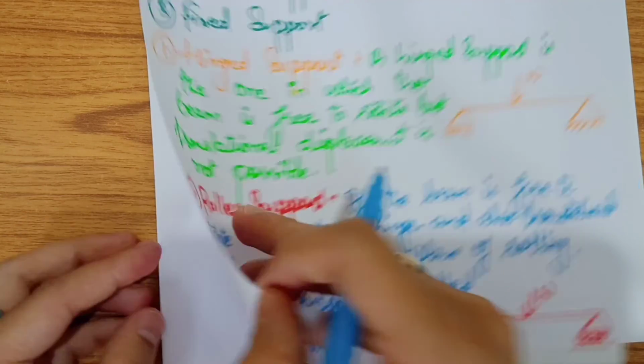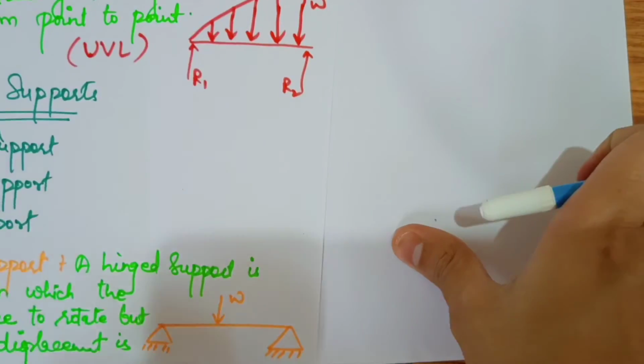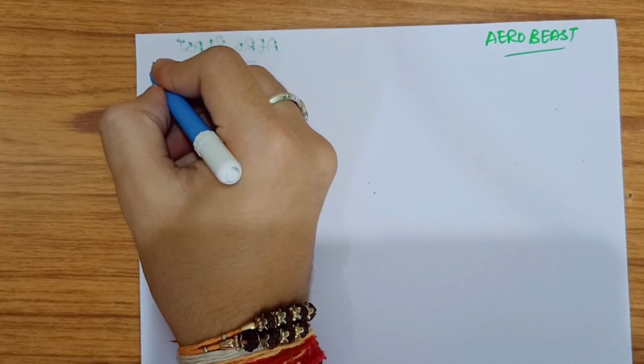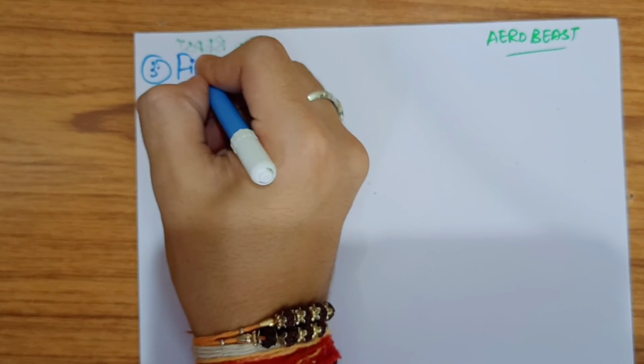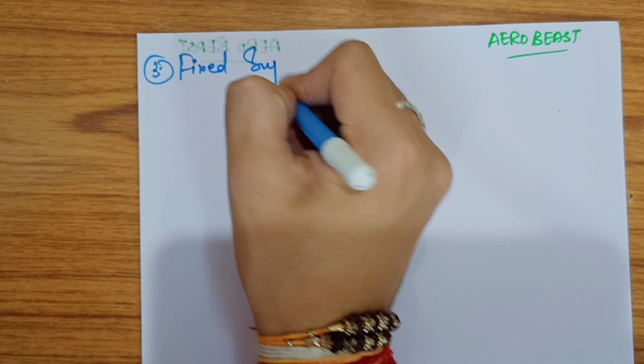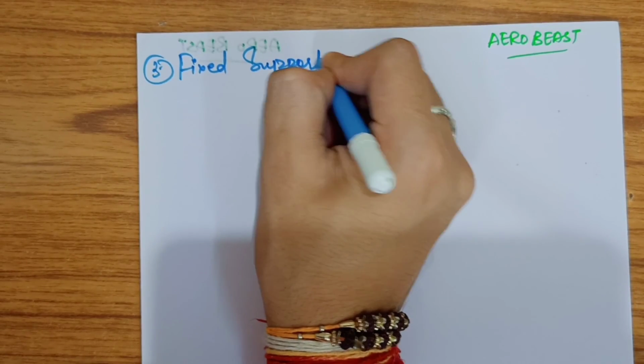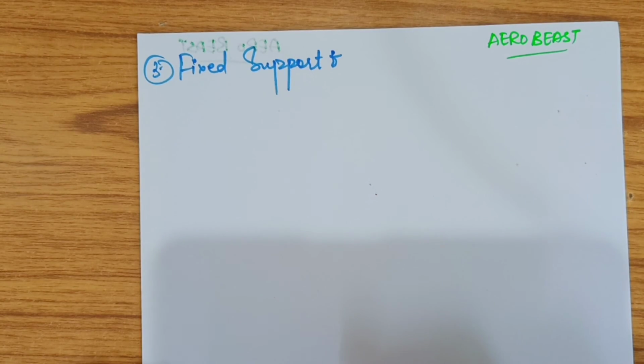The third one is fixed support. If the beam is rigidly supported at two ends, then it is called fixed support.